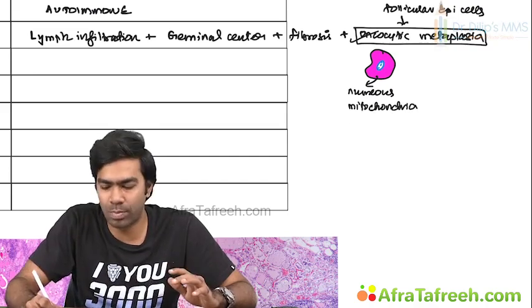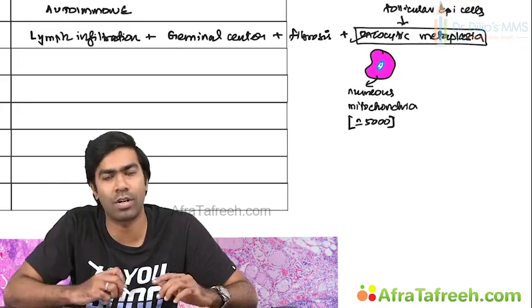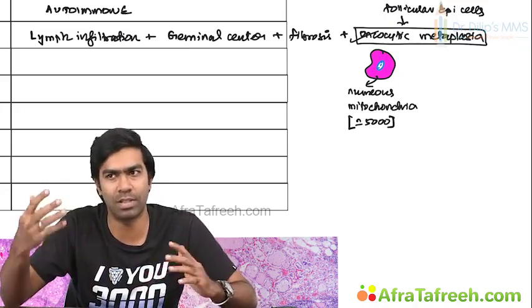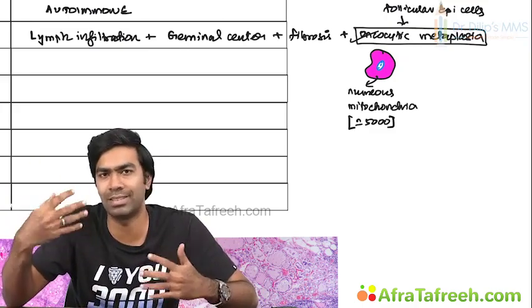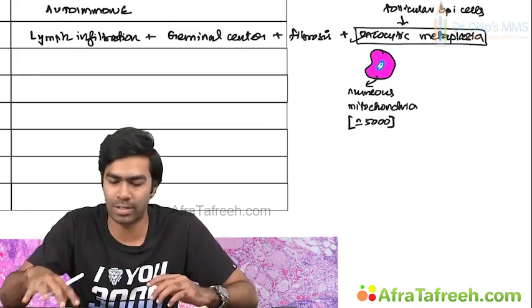In electron microscopy, it has been proven that these oncocytes have approximately 5,000 mitochondria. These are metaplastic cells, which means they have changed their form. These are the same follicular epithelial cells. Because of the consistent inflammation and injury, they have changed their form and become oncocytes.